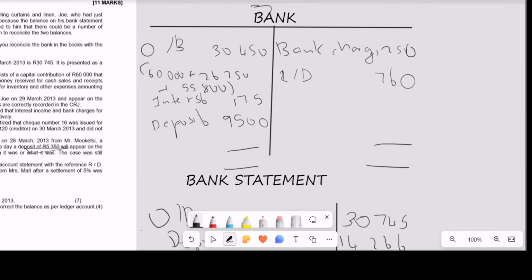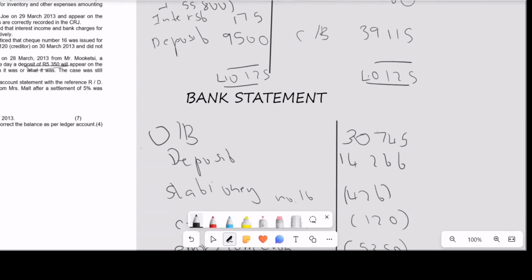When I add all of these amounts here, I got 4,125. Then the balance to ensure that this side equals this amount, to be carried down, is going to be 39,115. I hope all of you are getting this amount, right?